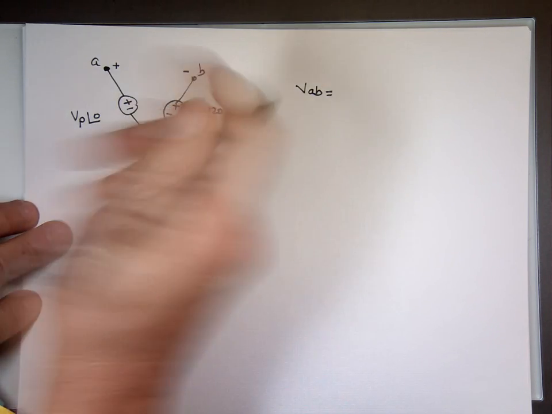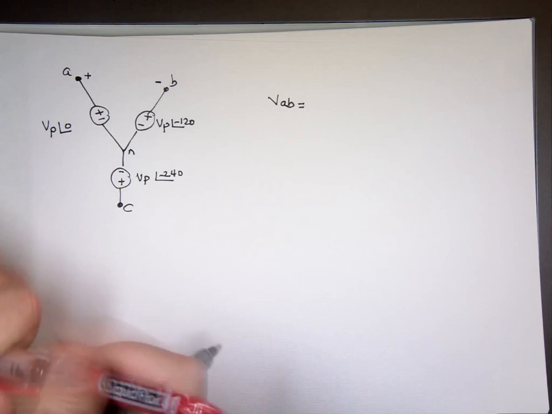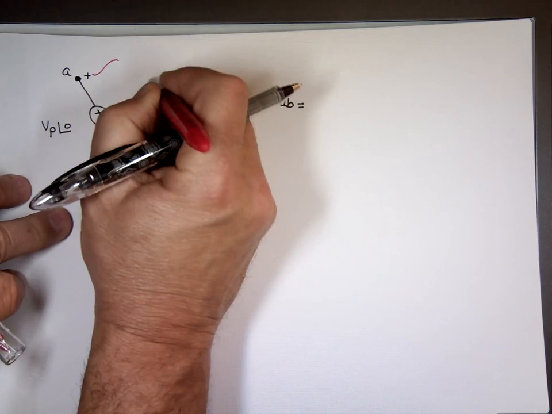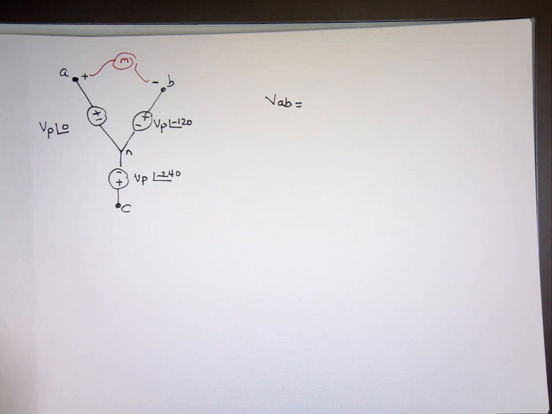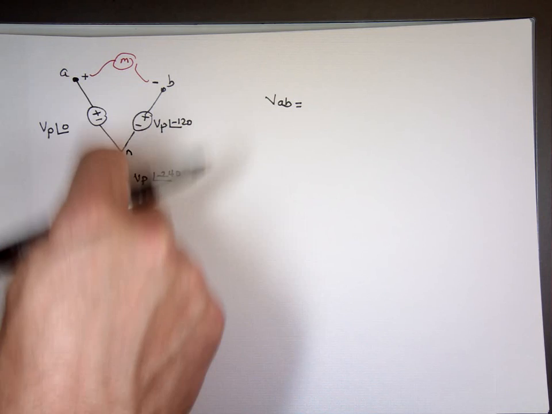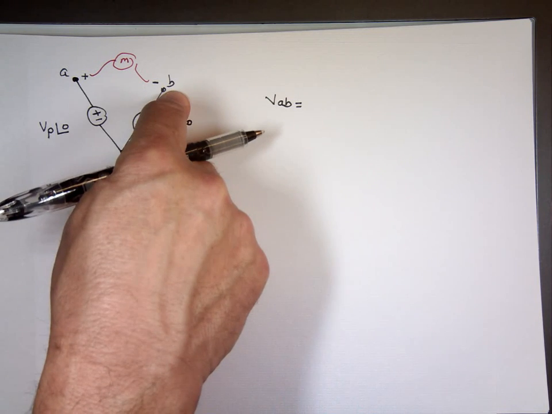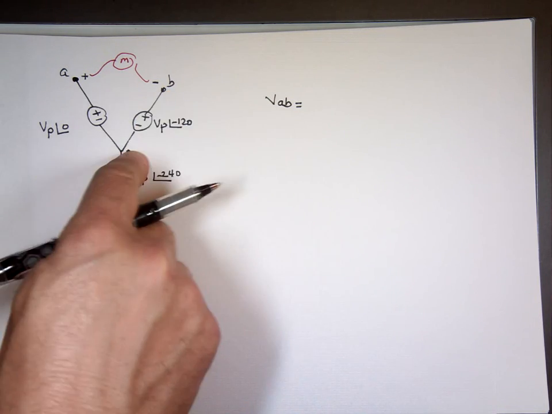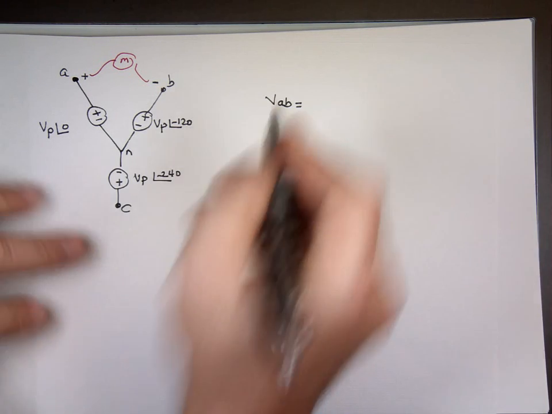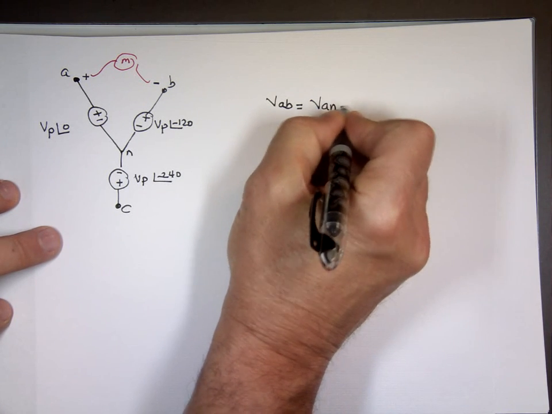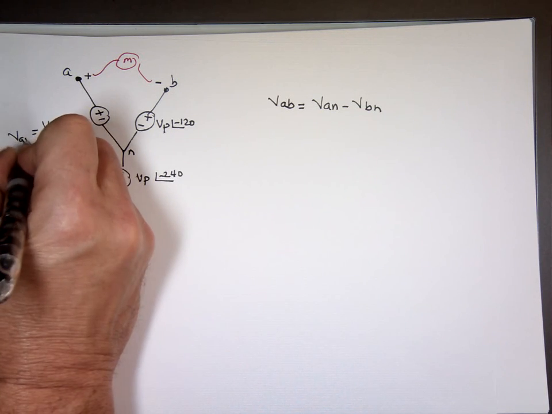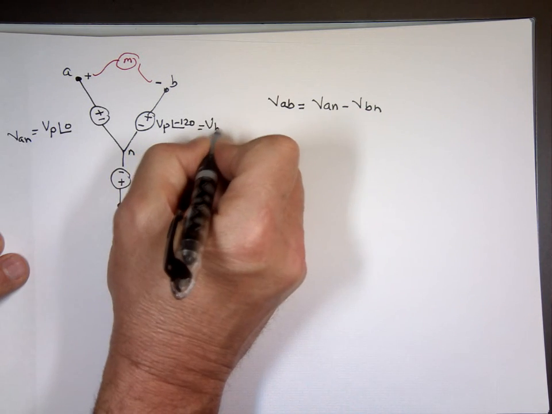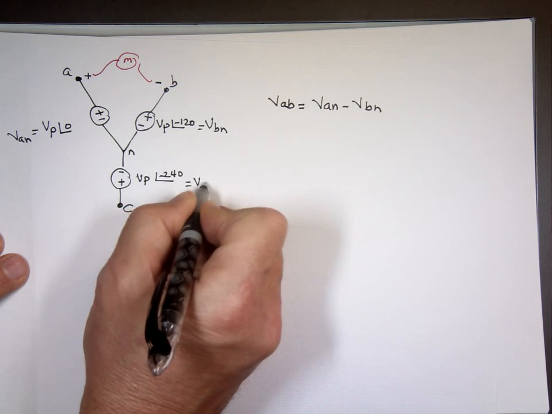So if you take a meter and you attach it right there, plus on this end, minus on that end, what are you going to see? It's going to be VAN minus this voltage, which is VBN. So this is labeled as VAN, this is labeled as VBN, and this is labeled as VCN.